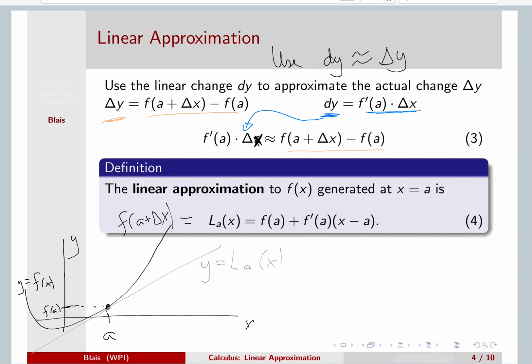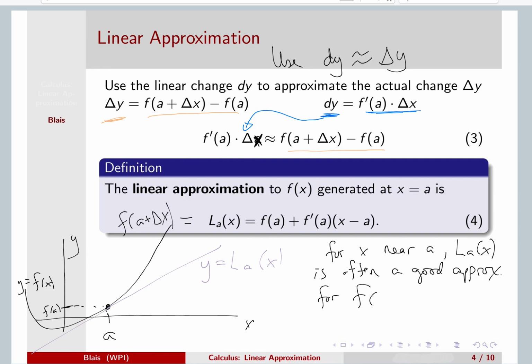And the argument is that for x near a, L sub a of x is often a good approximation for f of x.